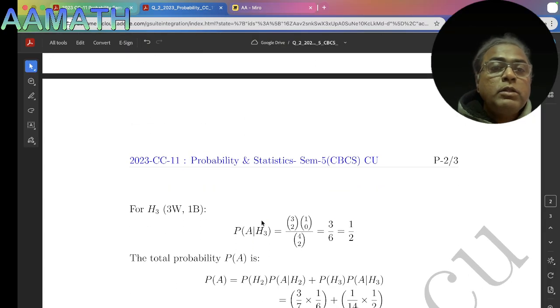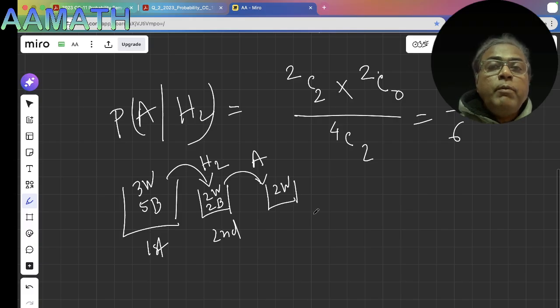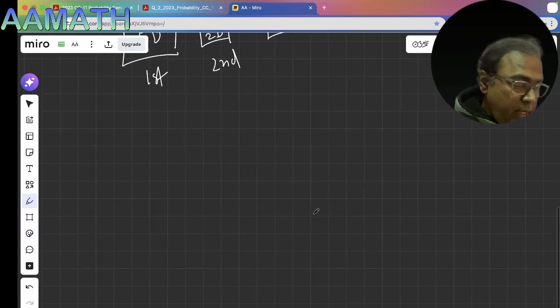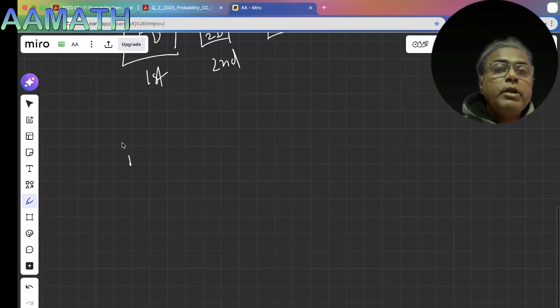Next, for the event H3, similarly, conditional probability of A, probability of A by H3.